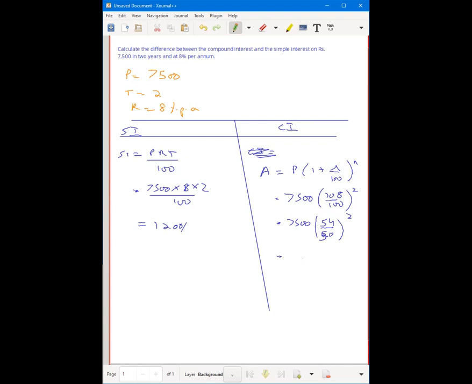That's again 7,500 into 27 by 25 squared, which is 7,500 into 27 upon 25 into 27 upon 25. How much does that work out to be? Rishima, that's correct.